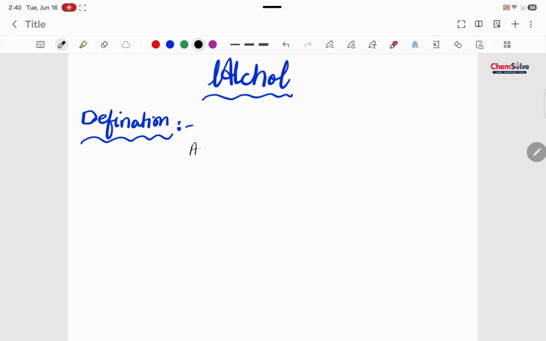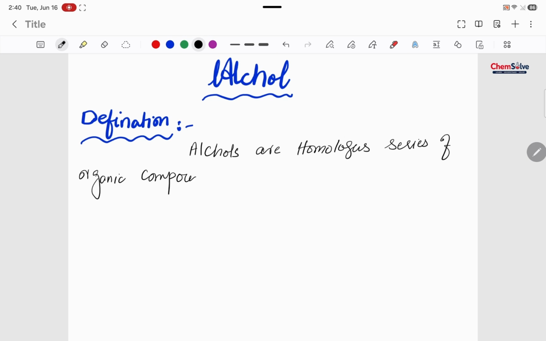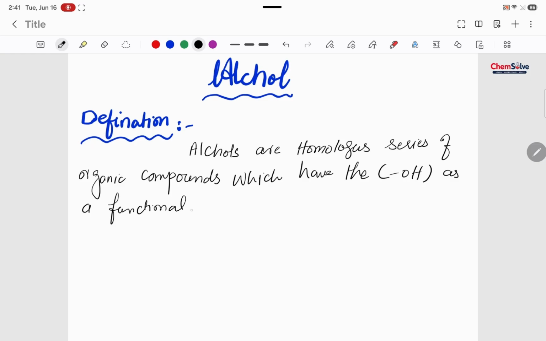Alcohols are homologous series of organic compounds which have OH group as a functional group.